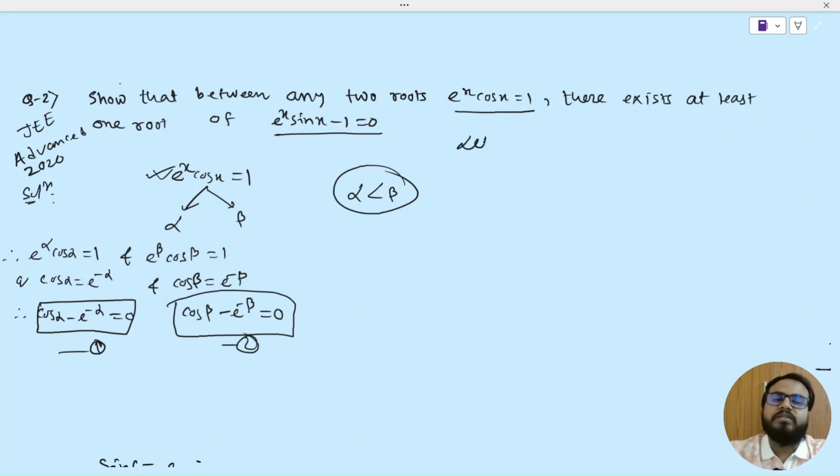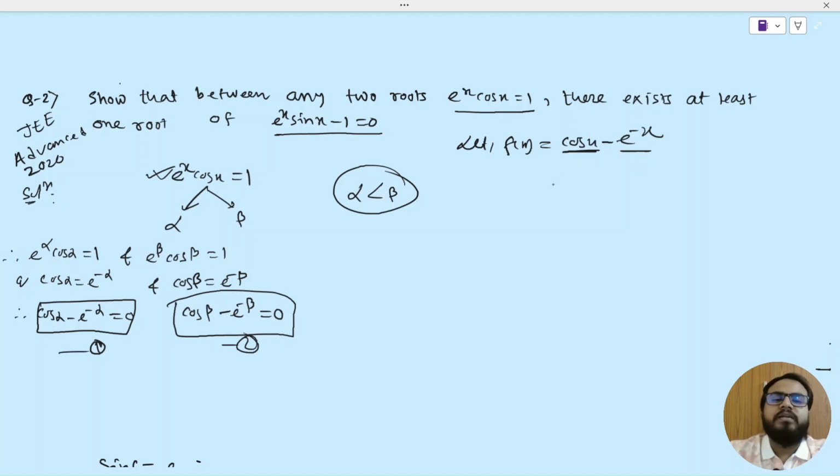Now we let a function f of x equal to cos x minus e to the power minus x. We know that all the trigonometric functions as well as exponential functions are both differentiable as well as continuous over the real line R. Therefore, f is continuous as well as differentiable over R, because the difference of any two continuous functions is again continuous and the difference of any two differentiable functions is again differentiable.